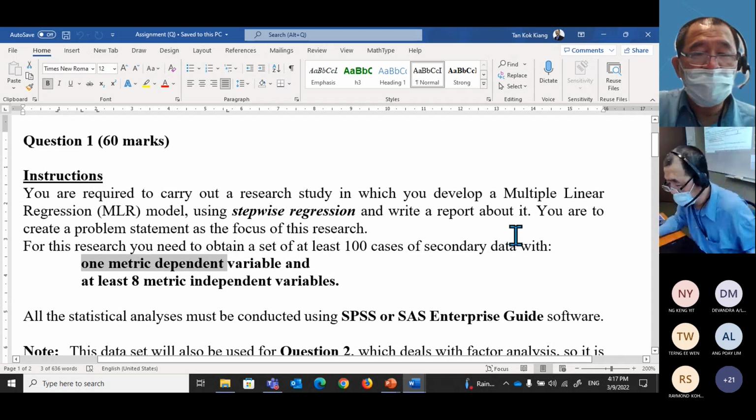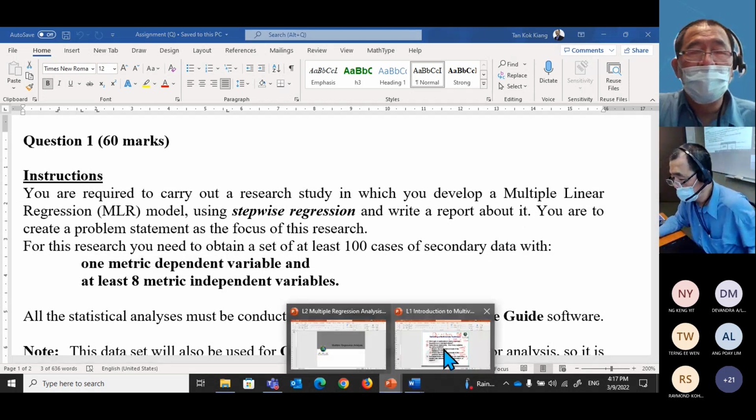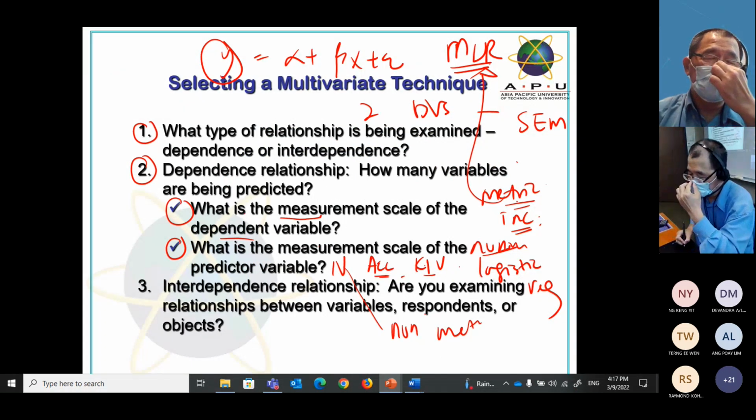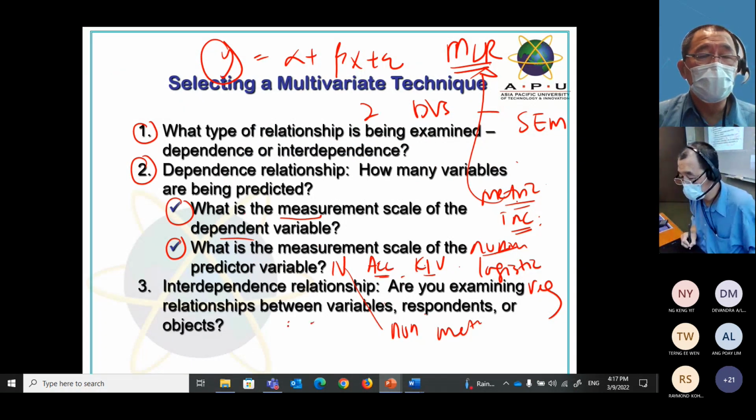If no problem, now we see what happens if your dependent is non-metric. Therefore you can use a dummy variable.